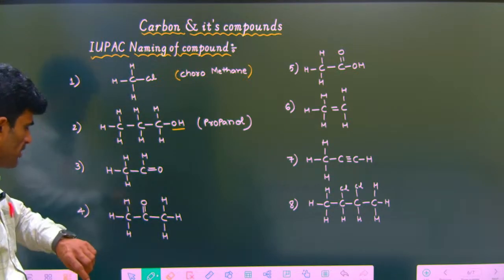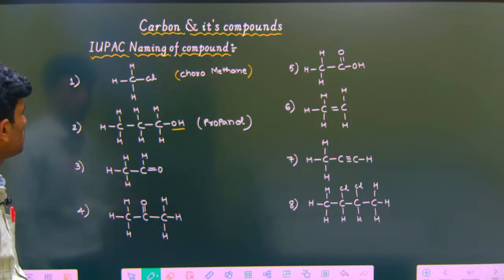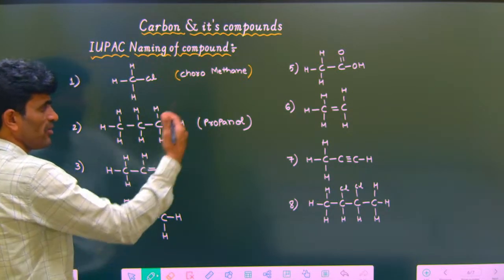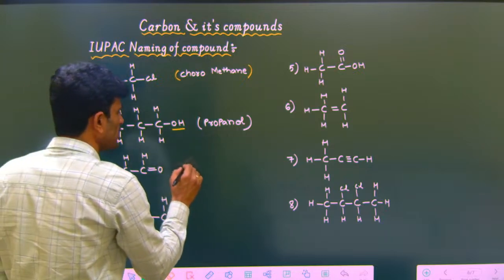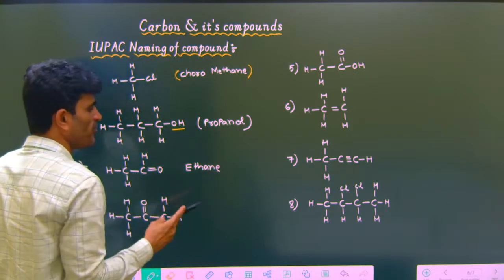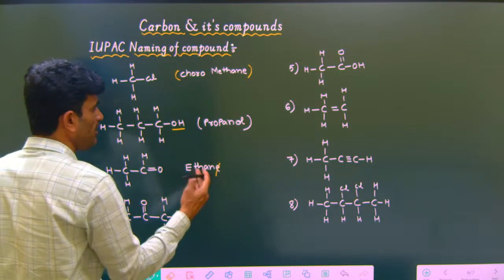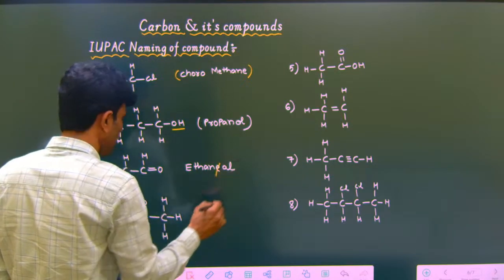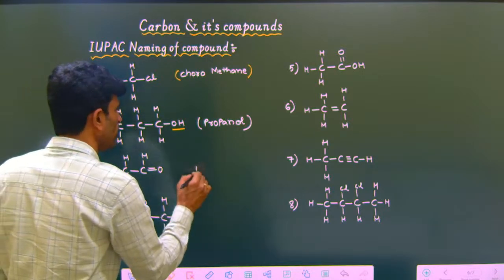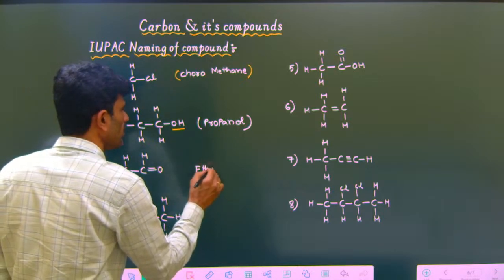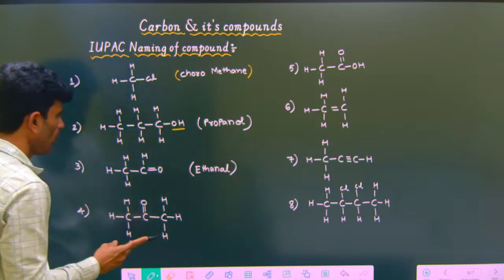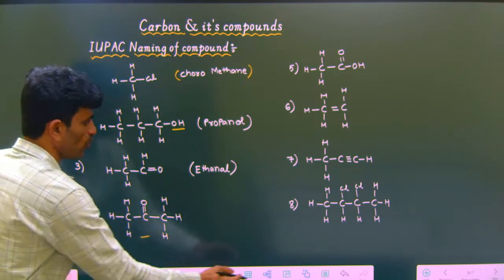Because there are 2 carbons, the sound will be eth, and because it is an aldehyde, AL will be added at the end. So actually it is ethane. Like before, we cut the E, and because it is an aldehyde, we write AL at the end. So it becomes ethanal. So the name will be ethanal. Correct?